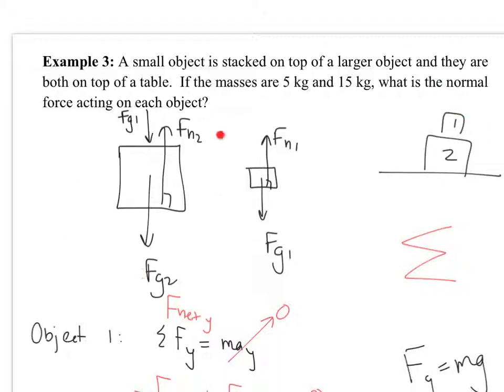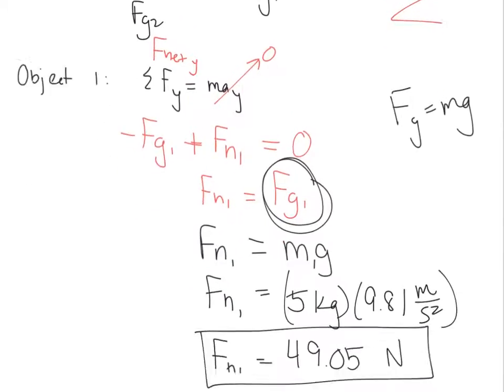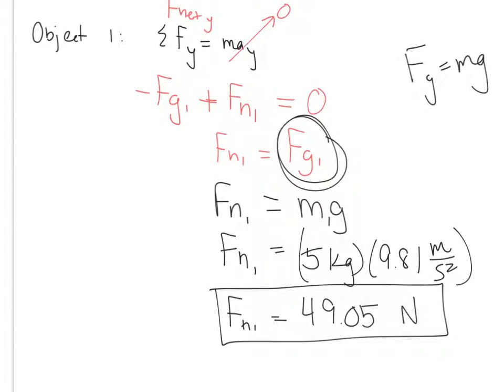So now we have to do the same thing we just did, but use this free body diagram. We're going to have a negative Fg1, negative Fg2, positive Fn2 equals Ma. It's the same exact approach as right here. I'm going to do the same thing, but for object 2 now.